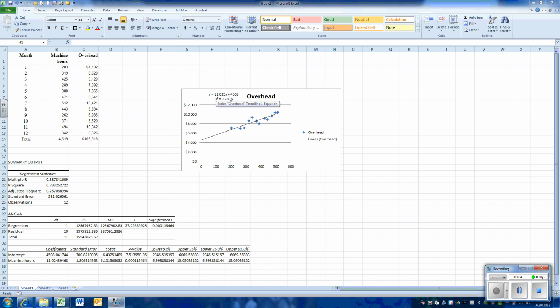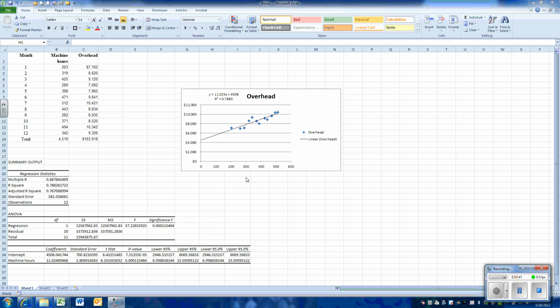So this is our variable portion of the equation, plus 4508. Remember, we said that at 0 hours our costs were about 4,500. Now we know it's 4,508, and that is our fixed cost. So the equation gives us our variable cost per unit and our fixed cost, and we would then solve for our total overhead estimate by inputting the number of estimated machine hours in the period.